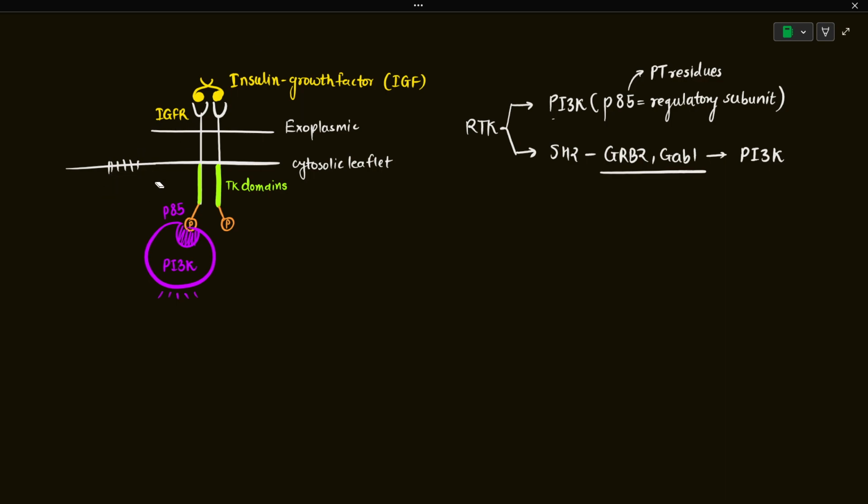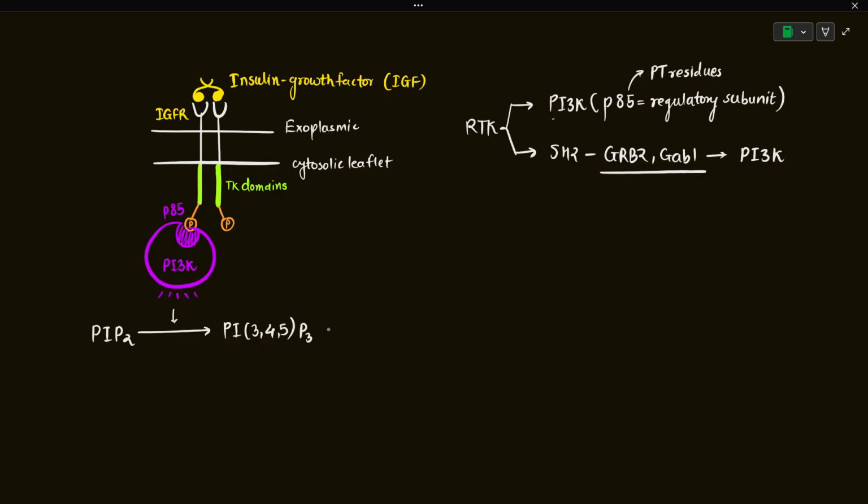You already know that PIP2 is here because we discussed this in the previous classes of signaling, right? So PIP2 will be converted into PIP3, or let me write it as PI(3,4,5) trisphosphate.